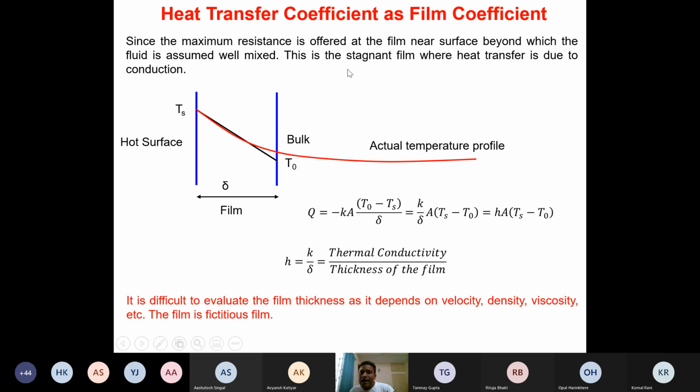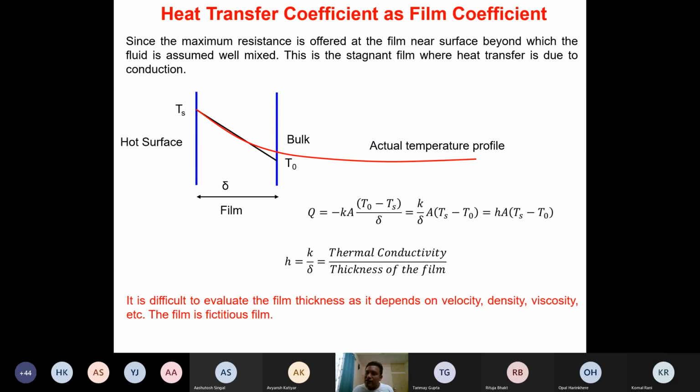Clearly, the liquid layer which is very close to the solid surface will remain nearly stagnant, and it is going to offer the maximum resistance. Why? Because the fluid motion is not there near the wall, and therefore the heat transfer will not be significant outside of this, isn't it?